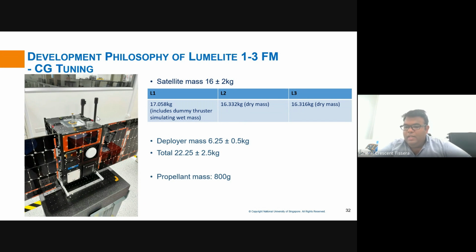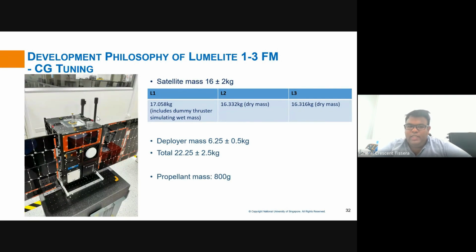This will produce a disturbance torque on the ADCS, and as a result, the reaction wheels will absorb this momentum produced by the thrust force due to the offset between the thrust force and the center of mass. So we want to minimize this residual torque produced by the thrust force as much as possible.